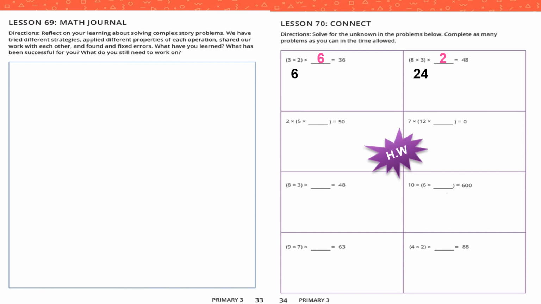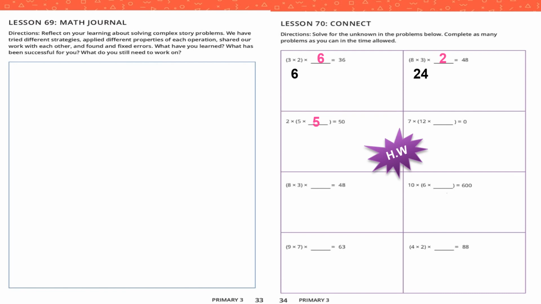Okay, the next one, you can solve this as homework. It's very easy, very easy. Okay, you can solve it by yourself. Here, the last one, 2 times what times 5 times what equals 50. I don't know what is between brackets here, but I know that this is the associative property.